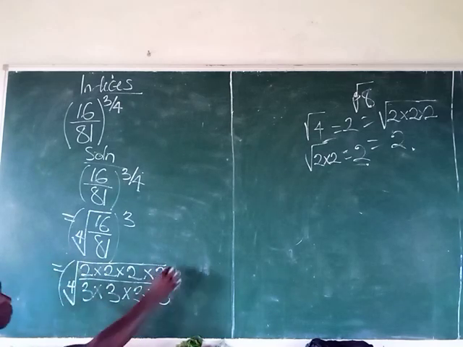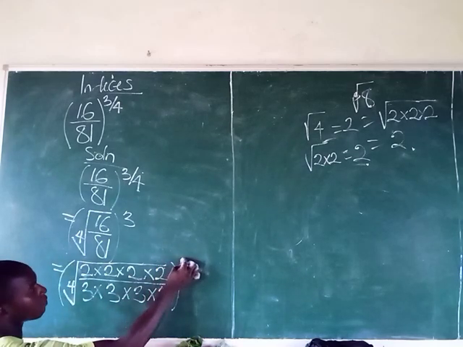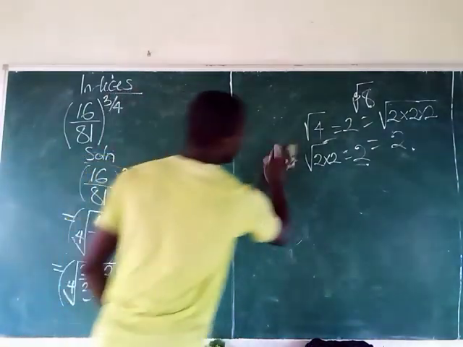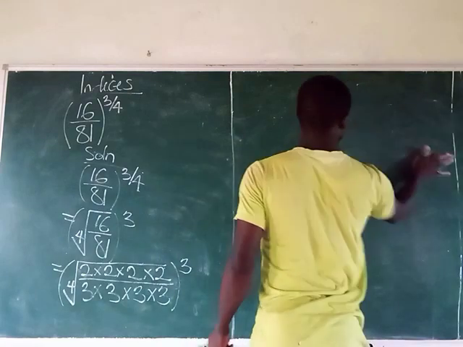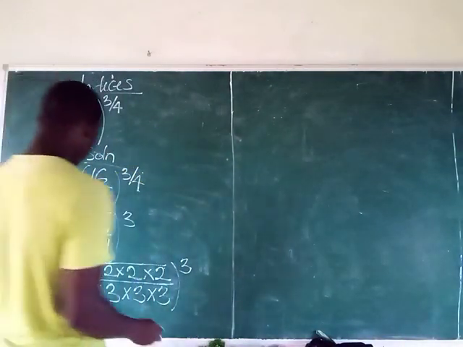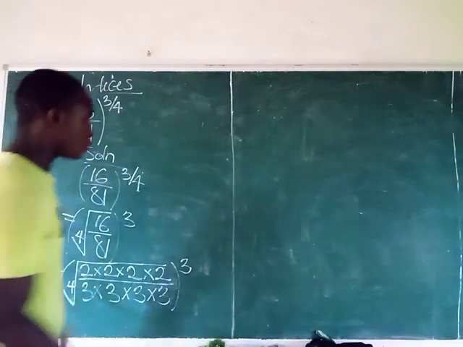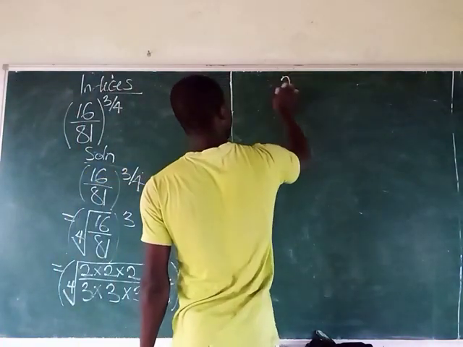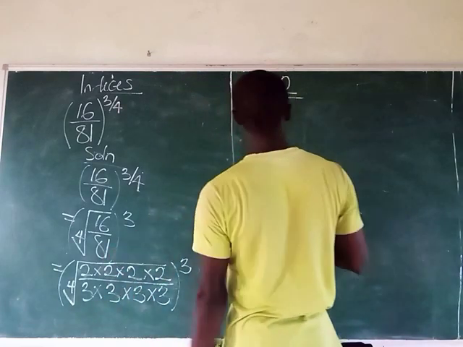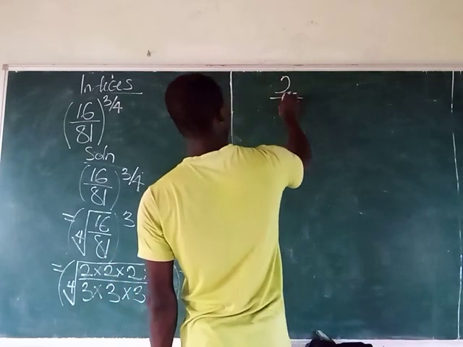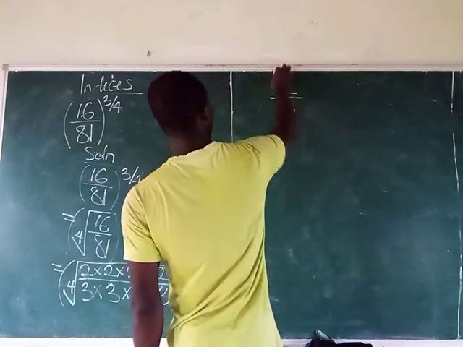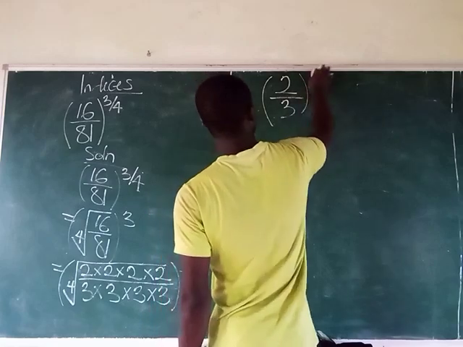So all raised to the power of 3. And so the fourth root of 81 is 3, and the fourth root of 16 is 2, and all raised to the power of 3.